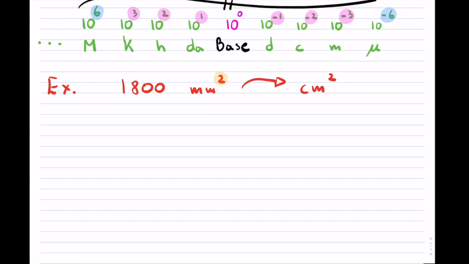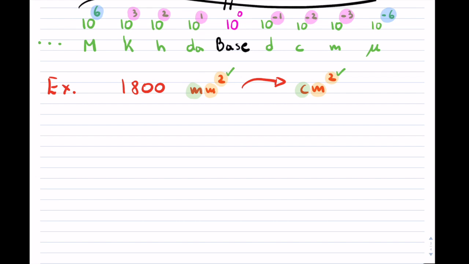So whenever you are dealing with a squared, that corresponds to some measurement of area. Now our base is meters, but we have these prefixes that we want to change from milli to centi. What happens in this case? Well, what you have to be aware of is that the squared applies to each of the jumps.